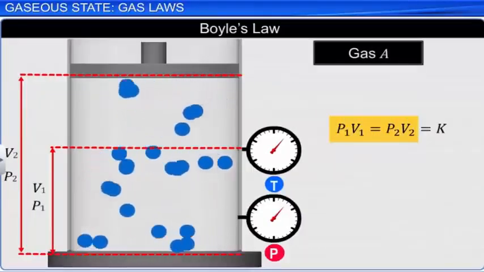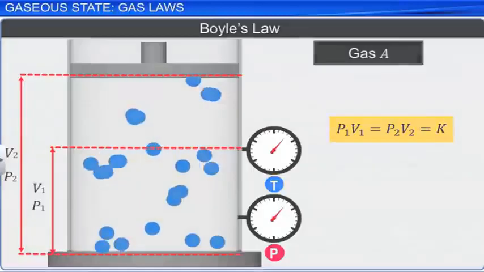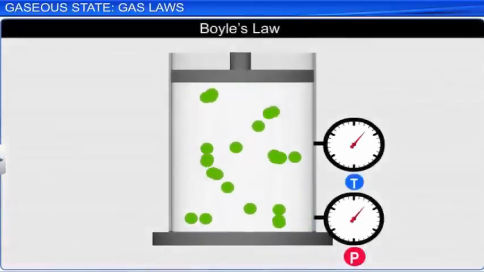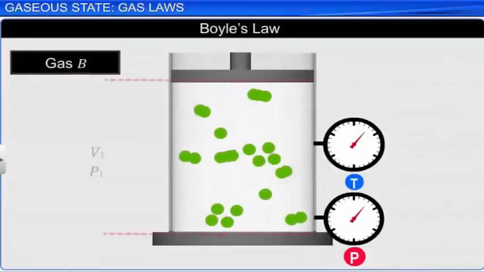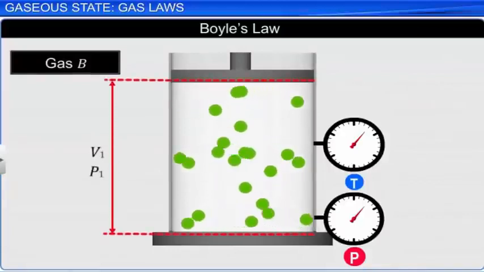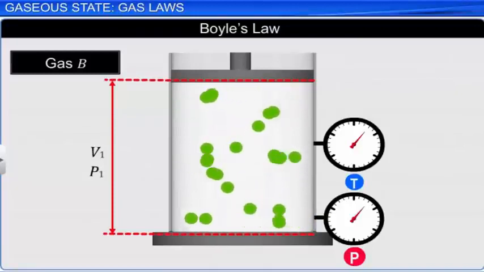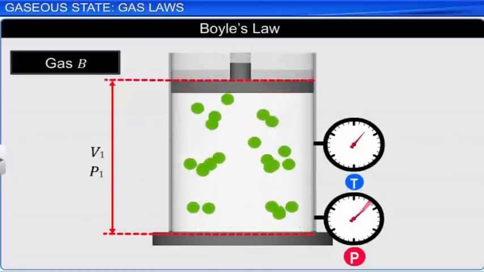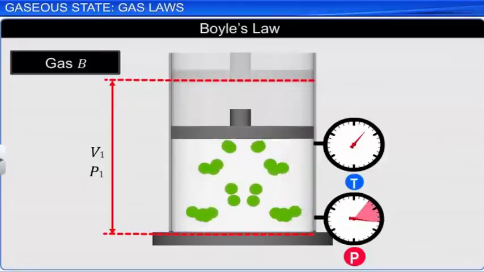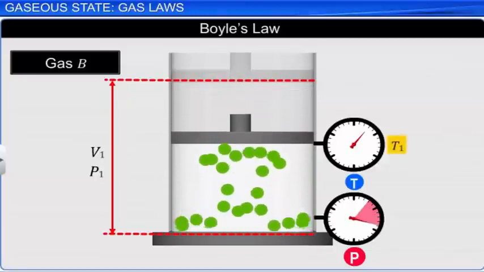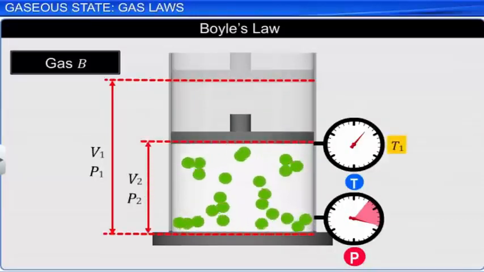Now consider N moles of gas B at pressure P1 and volume V1. Let us now slowly increase the pressure, keeping the temperature constant at T1. We observe that the volume of gas decreases as the pressure increases.